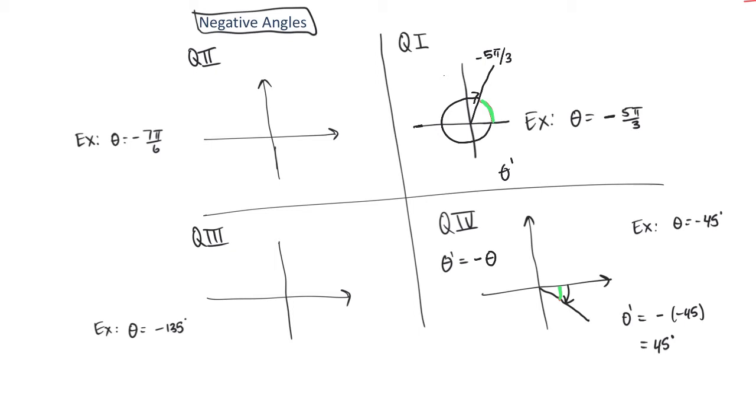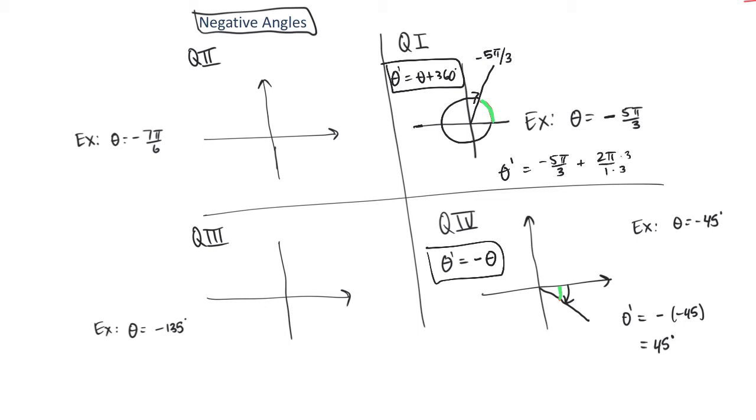Okay, and the general rule for how we get that is we're going to take our angle and add 360, or if we're in radians, we're going to add 2 pi. So we're going to take our angle, negative 5 pi over 3, and add 2 pi, and then we can convert that to thirds.